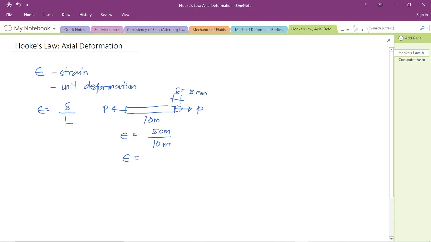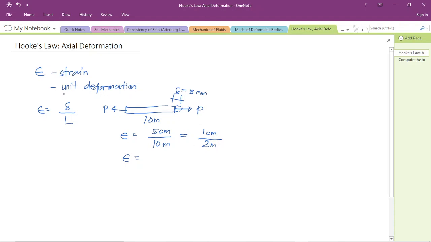Ibig sabihin, 5 centimeters ang change in length per 10 meters. So, kung hindi ka mag-change muna ng unit, although strain is unitless, you will have 1 centimeter per 2 meters. Diba? So, 1 centimeter kada 2 metro.